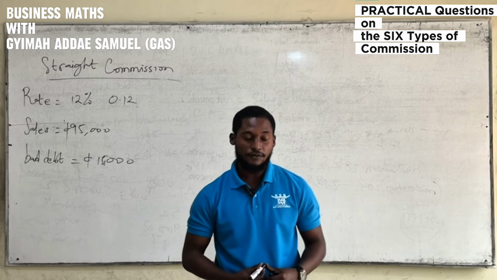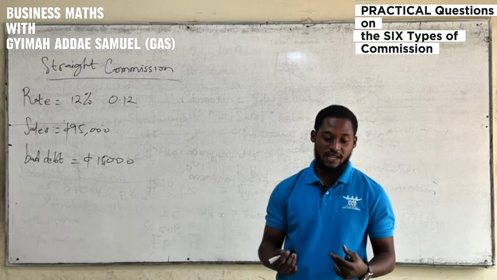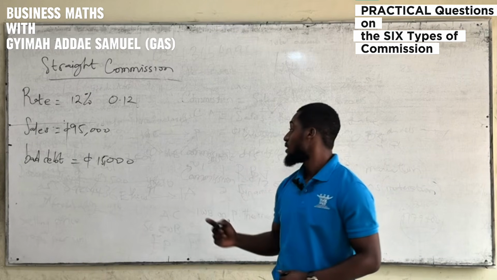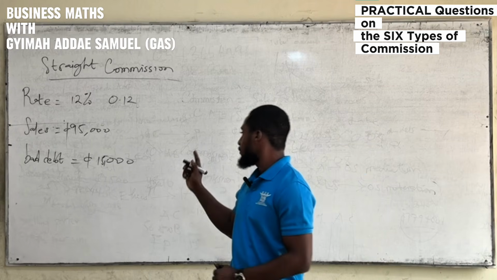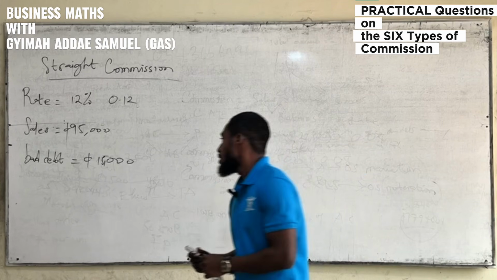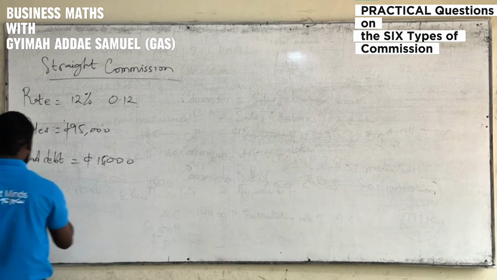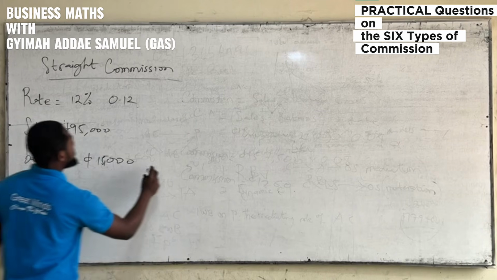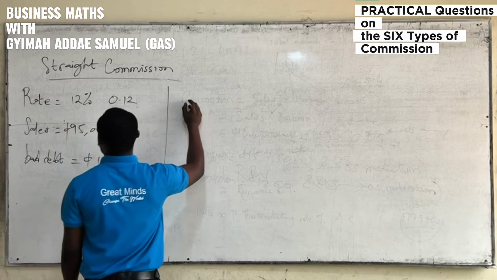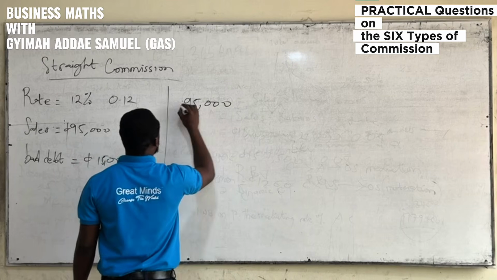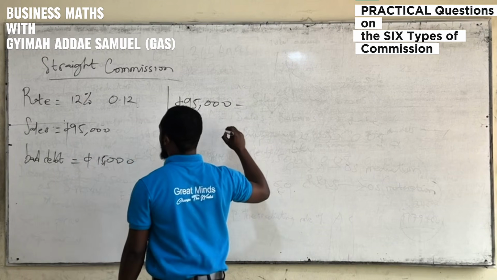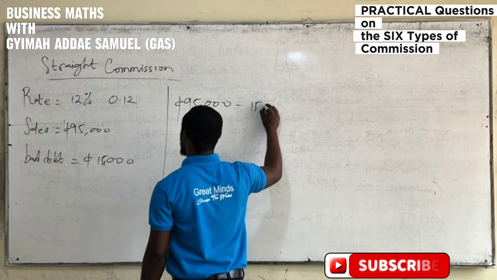So now the question is asking us to find our commission. But before that, we have to find our actual sales since there is a bad debt. You have to subtract the bad debt from the sales to get your actual sales in order to proceed. The sales was 95,000 Ghana cedis, and the bad debt is 15,000.